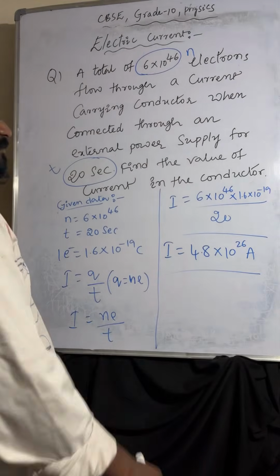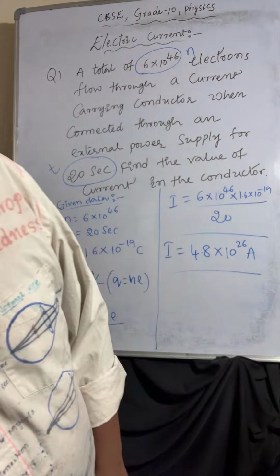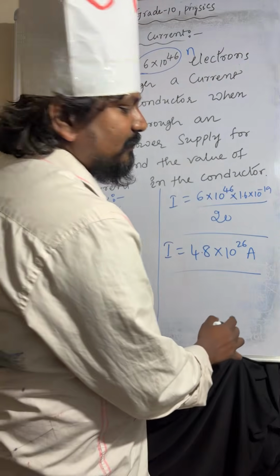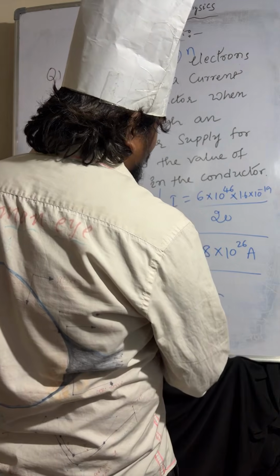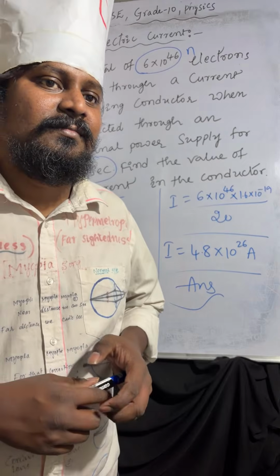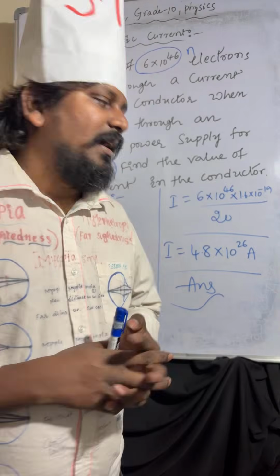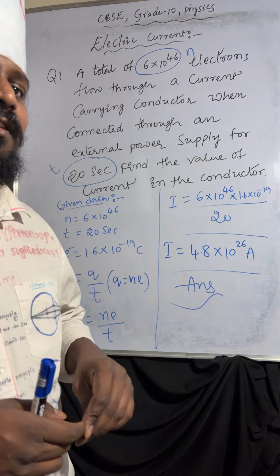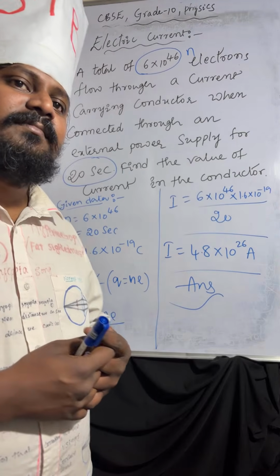This is the answer. Like this, like that also you can take it. You can remove the zero and multiply with that, and you will get it. Correct.